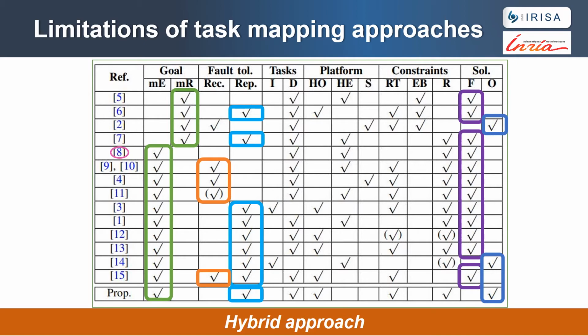Other approaches apply full replication, leading to larger energy consumption due to the execution of multiple replicas, or partial replication without considering timing constraints. Our work combines the benefits of the aforementioned approaches to achieve energy reduction. Partial replication is applied only when the energy consumption is lower without violating timing and reliability constraints.